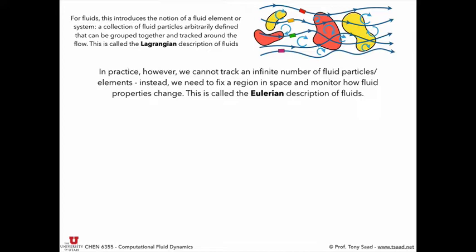What's an Eulerian description? Yes? Yes. So essentially, the Eulerian description says, rather than riding on the particle and seeing what the particle experiences, you're going to step out of the particle and just look at the space where the fluid elements are moving, and you want to assign a property, let's say velocity, at every point in that volume, in that space.